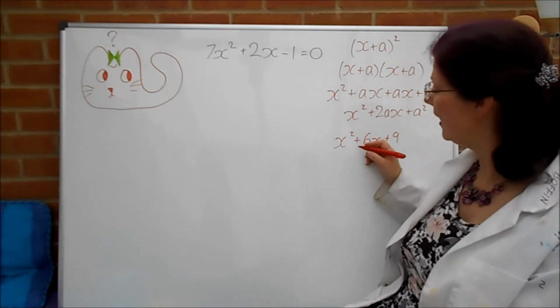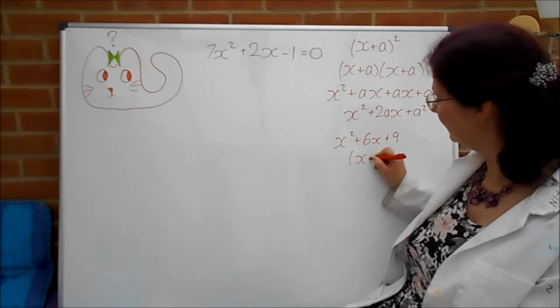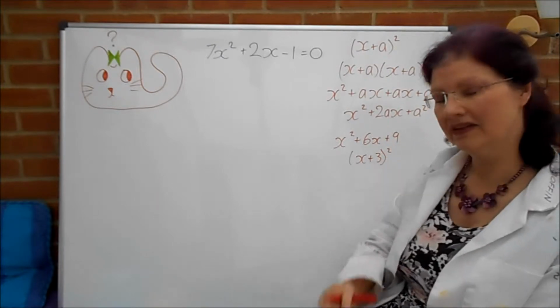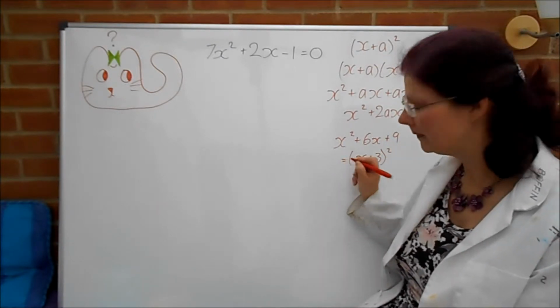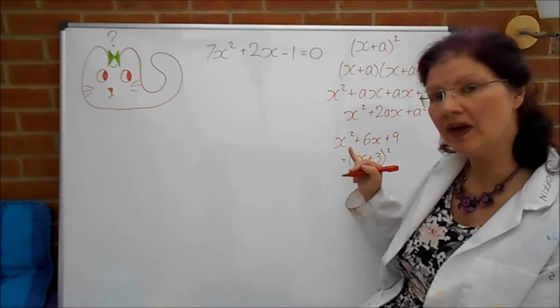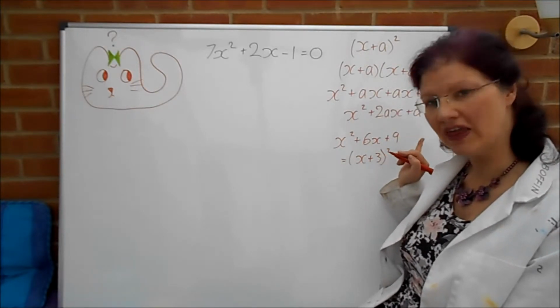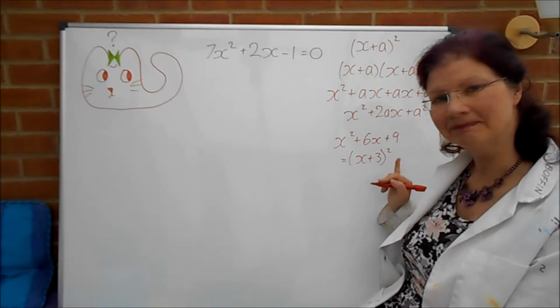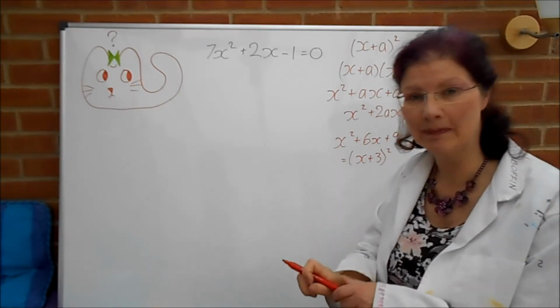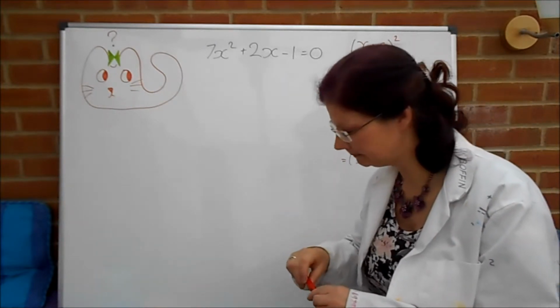That is a perfect square, and that will factorise like that. It works with anything, so it's x squared plus a number doubled, x's, plus that same number squared, and it factorises into x plus that number. We're going to use that here.